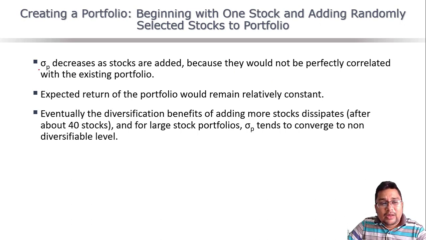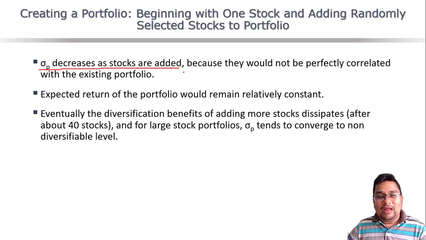In fact, the portfolio standard deviation decreases whenever you add another stock to your portfolio, because there is very little chance that another security will have perfectly negative or perfectly positive correlation with the existing portfolio.